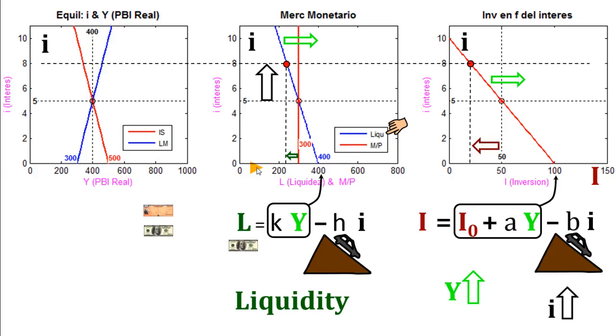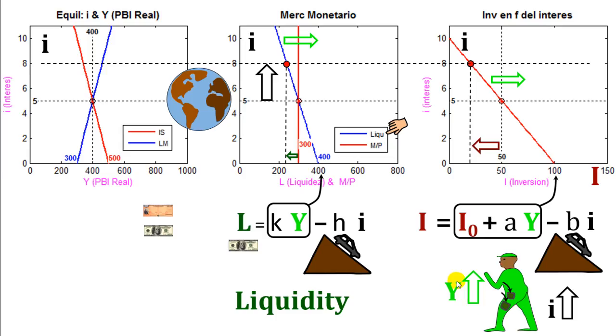Now what happens with the conceptual part in the real world? If y increases, then income increases, and then people have more money in their pockets.